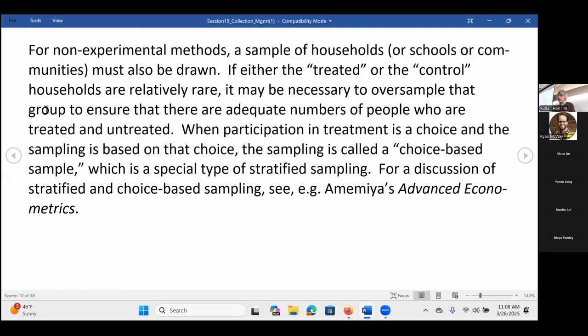But in the population, maybe only 3% are treated and the rest are control. So you may oversample the treated people and undersample the control people. And then you need to use special statistical methods, because this is called choice-based sampling. You need to see some other references there, but this is just something to keep in mind. Okay.